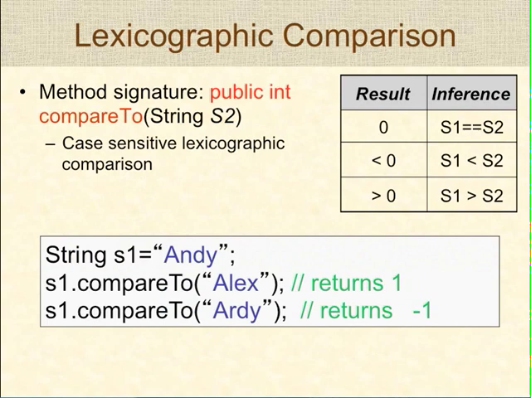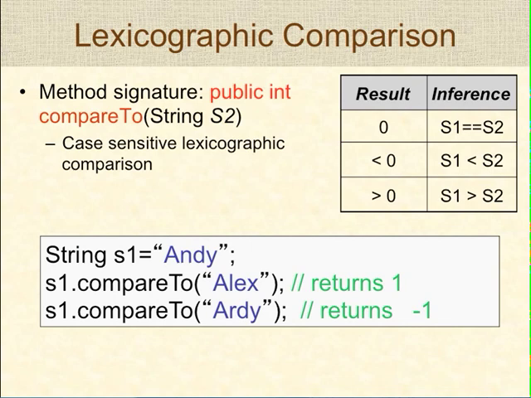Now you can do lexicographic comparison using compareTo, and the values that are returned will tell you whether or not two strings fall lexicographically in order. So if they're equivalent, then you get 0. If S1, as it would be read in a dictionary, for instance, is less than S2, then you get a value that's less than 0, and conversely, if S1 is greater than S2, then you get a value that's greater than 0.